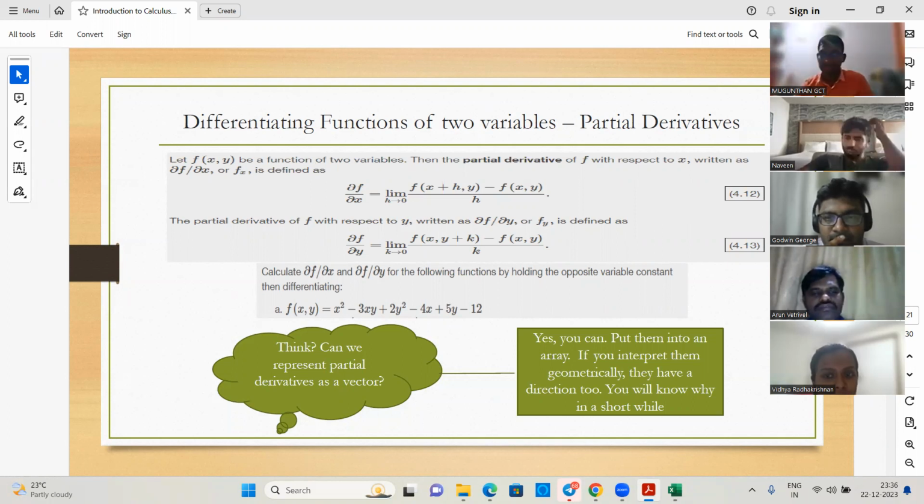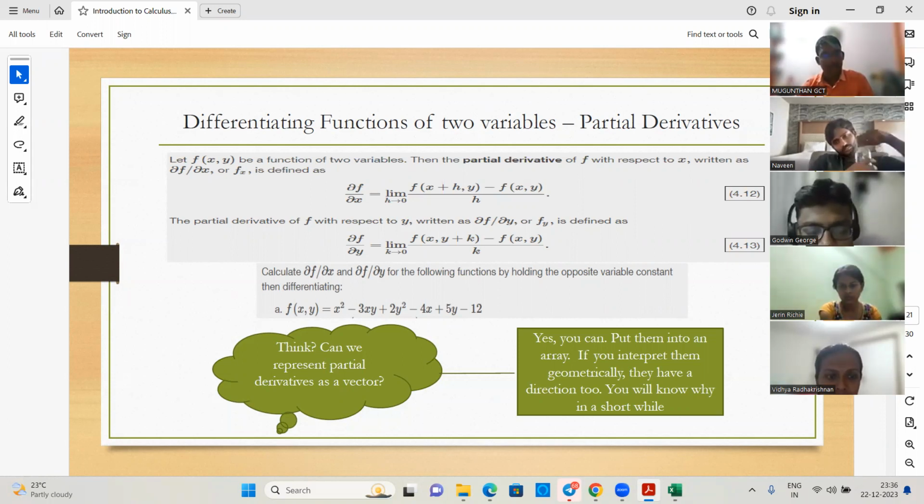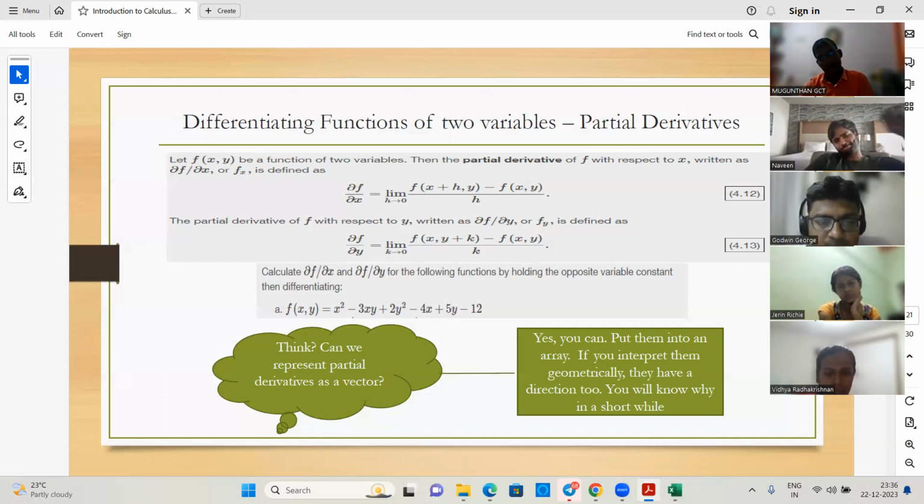It is 2x minus 3y, then minus 4. Help me with each expression so that people understand.